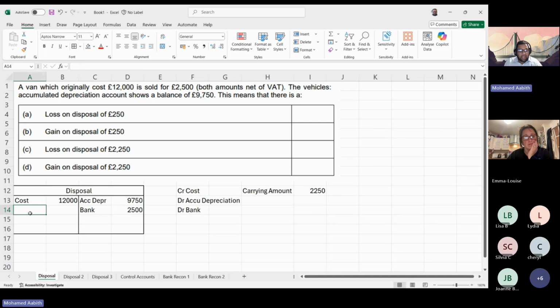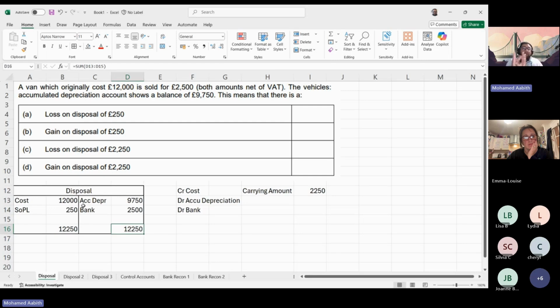So this will go here as the statement of profit or loss. I'm going to say SOPL, it will be transferred there, £250. So if I do a total, a sigma sign here, it both matches. Remember, there will be no balance carried down or brought down on disposal.